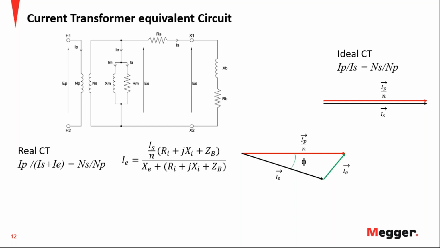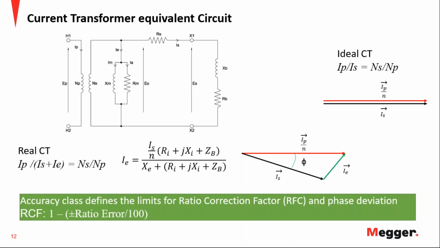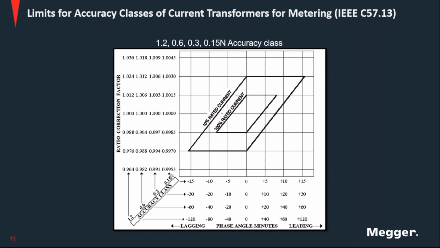So if you think of those 4 limits, 2 maximums and 2 minimums, and you bring that into the coordinate plane, you can draw a parallelogram. So in this case, for 100% of rated current, we have minimum ratio correction factor and minimum phase angle. Then we have another corner of this parallelogram defined by a minimum ratio correction factor and maximum phase deviation.